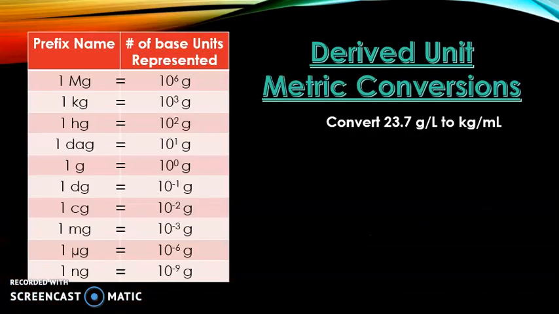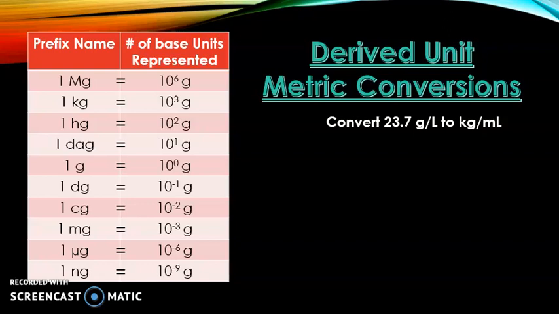So our first example problem is to convert 23.7 grams per liter into the units of kilograms per milliliter. Now there's a lot going on here at the same time, and the most important part of this problem is simply the setup. Ordinarily, we take our given amount and put it over the number 1.